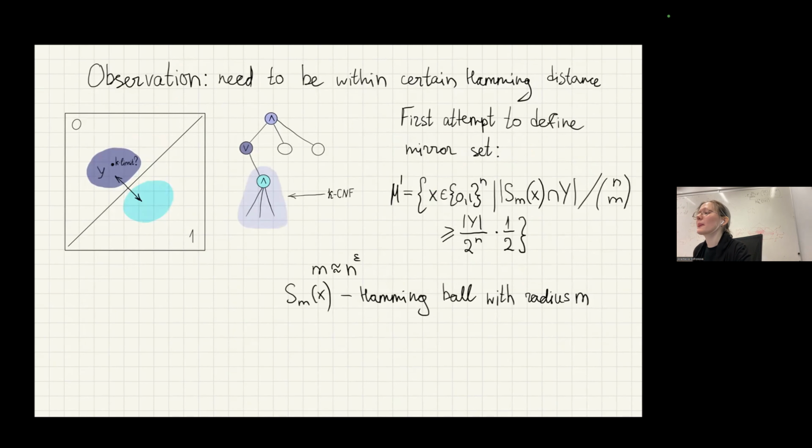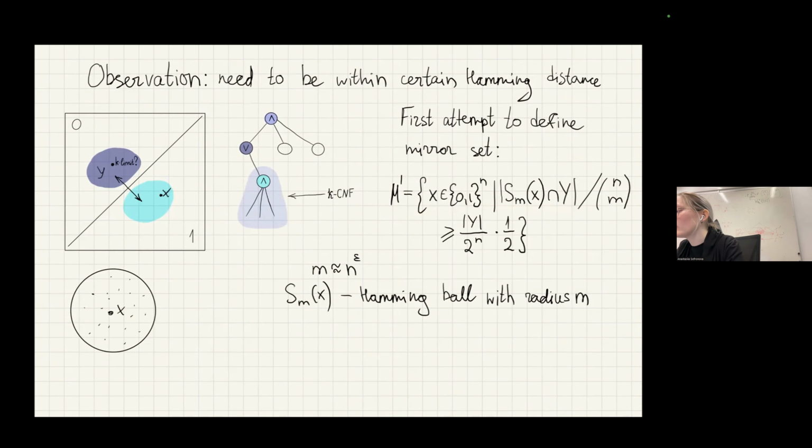What I want to do is consider points here, like a point X here, that has a dense Hamming sphere around it with respect to the set Y. So I want to have a lot of points from Y in the sphere around this point. And this is what is written here.